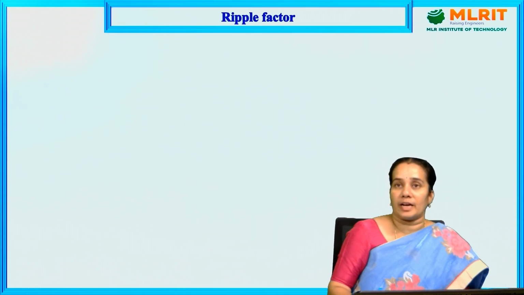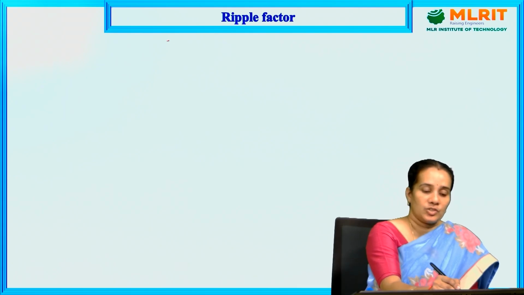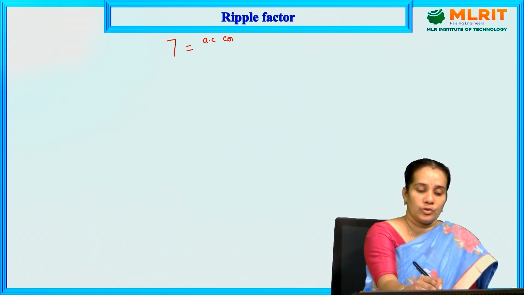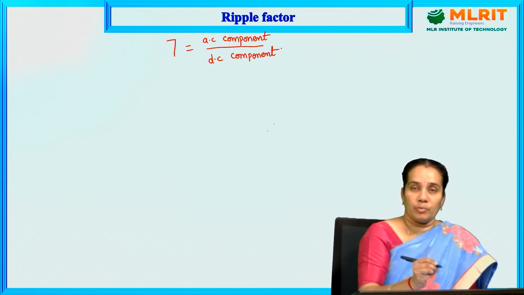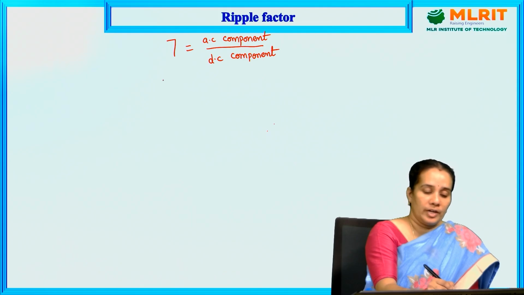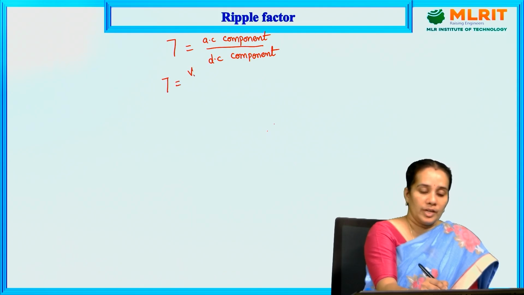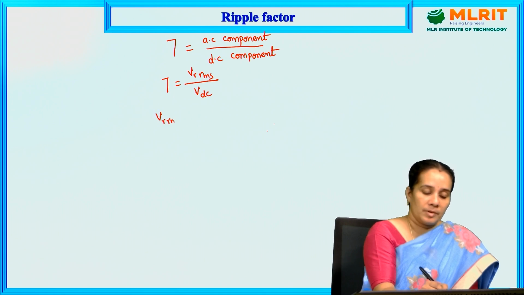Next, ripple factor. Ripple factor is the ratio of AC component to DC component. So here, ripple factor tau is equal to Vr RMS by VDC. What is meant by the Vr RMS AC component?